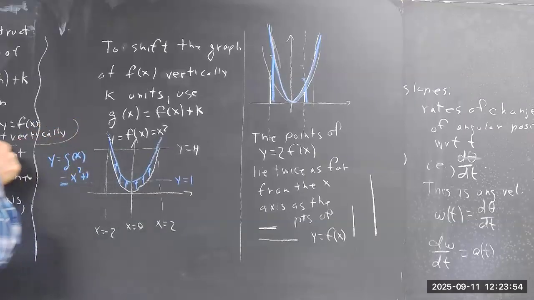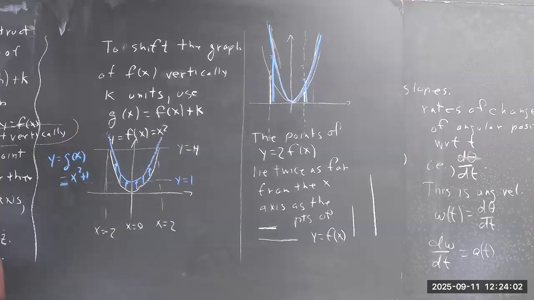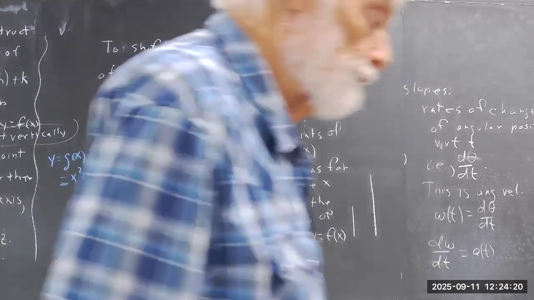You say if a is less than 0, then you reflect vertically. That means turn the graph upside down before you do anything else. Now there's more, but I hope that clarifies what you've already seen, if you've already seen it in your class. If you haven't, I hope it makes it easier to understand what you're going to see in your class.